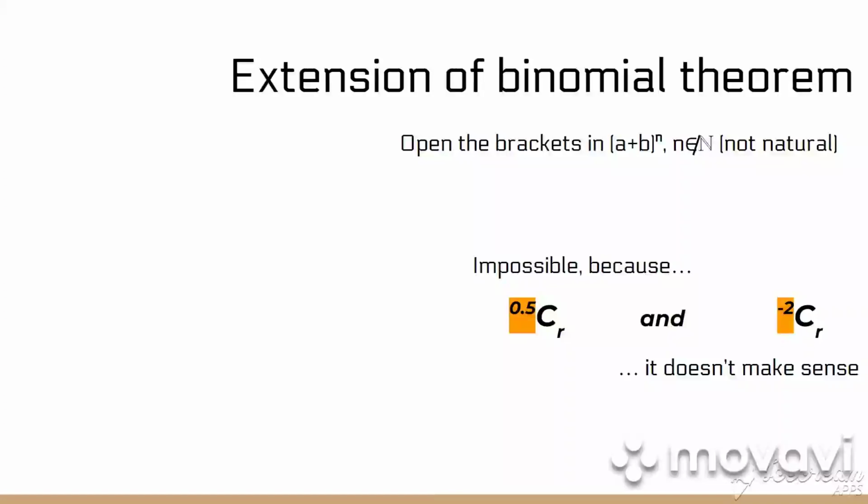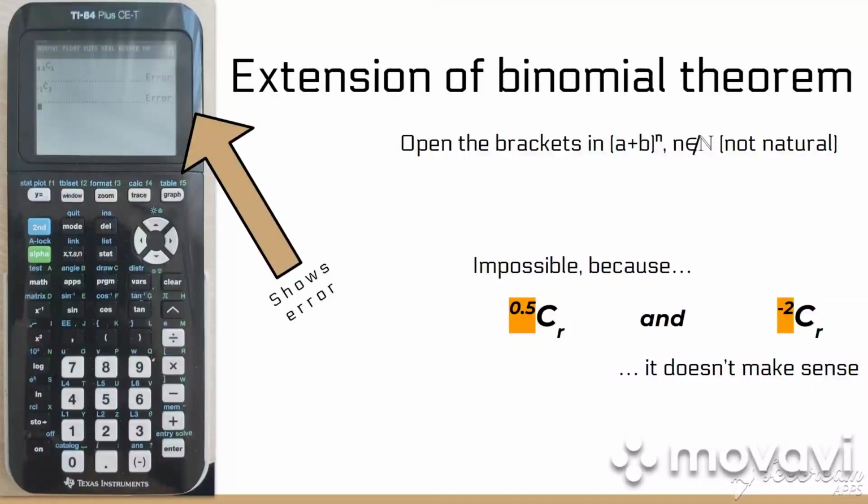Overall, we have, for example, 0.5 students, and we need to choose one student to go to the Math Olympiad, or the same situation but with -2. In both situations, it doesn't make sense because the answer is not whole, and it is a little bit strange.